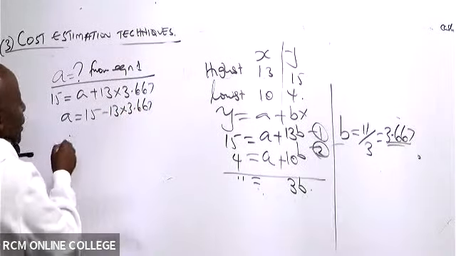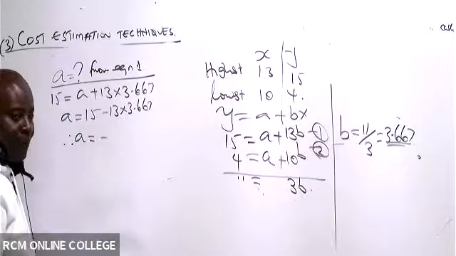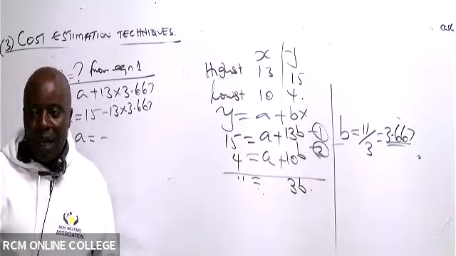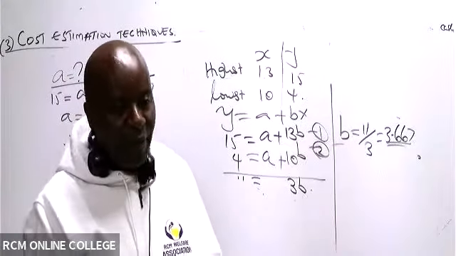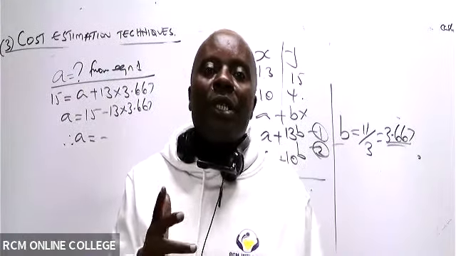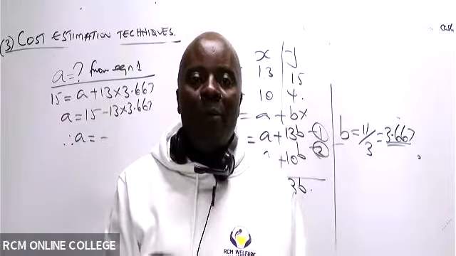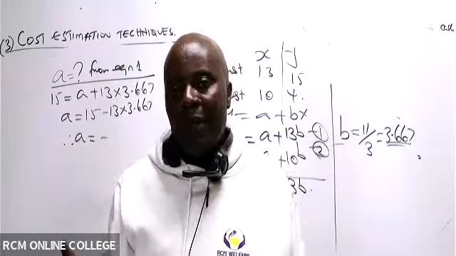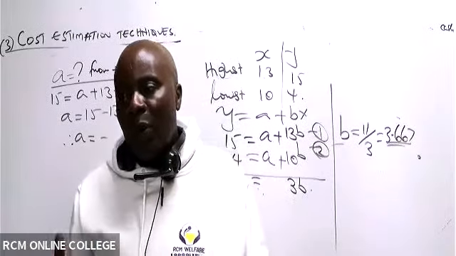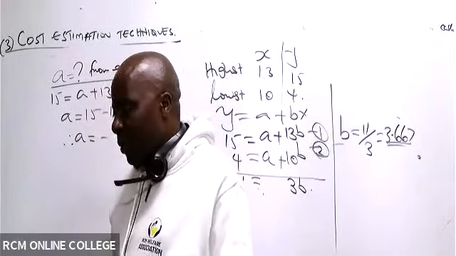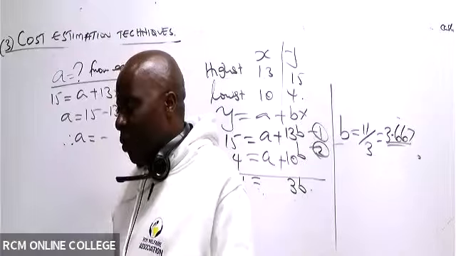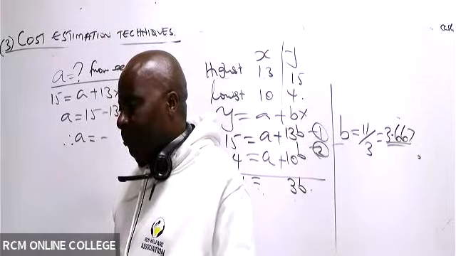Therefore, A will be a negative figure. Of course, A is supposed to be a fixed cost, and fixed cost can never be negative. I'm just using these examples for purposes of enlightenment, for you to understand how we derive these equations before we look at our past papers. So, ladies and gentlemen, are you able to give me the value of A?